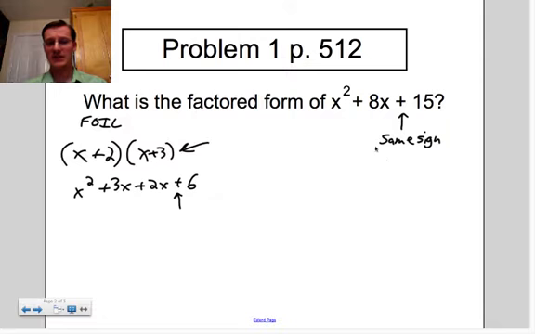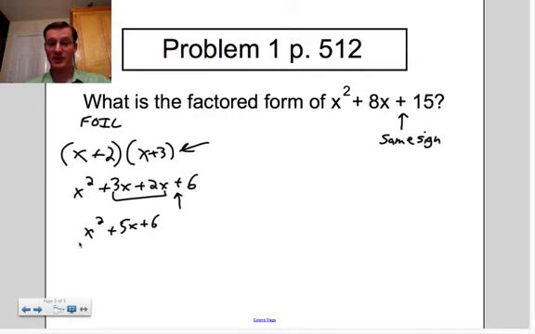It also means that in the middle, in this linear term, degree 1, we're adding these. 3 plus 2 would give me 5x. So when we find some factors of 15, just like the factors of 6, which were 2 and 3, they multiplied to give me 6, but they added to give me 5.